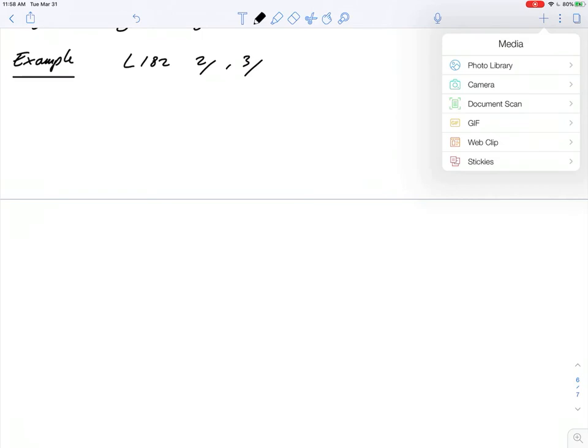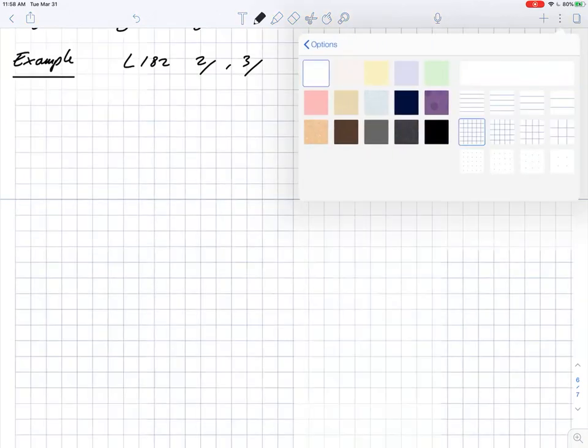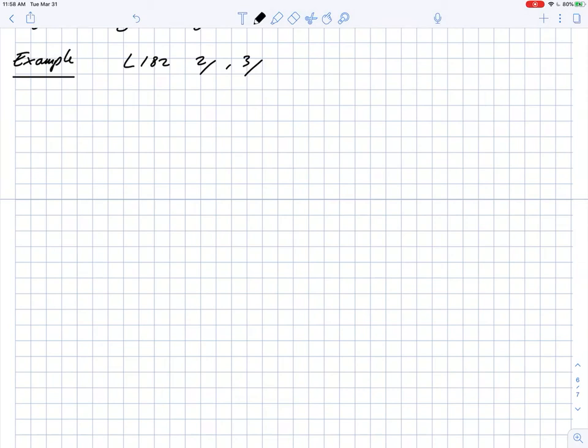Okay, so let's do this. So let me take some graph paper and let's graph a y-axis and let's do an x-axis too.